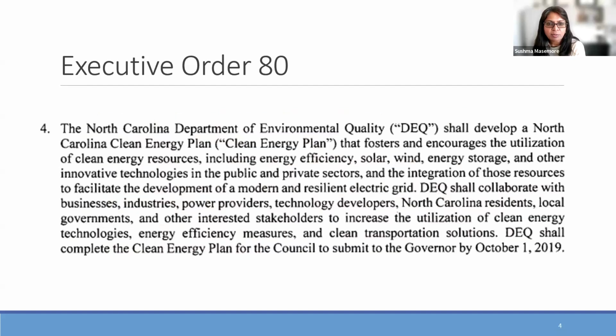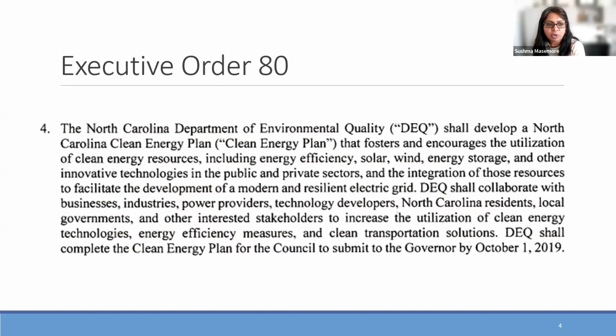Next. And our Department of Environmental Quality was tasked to produce a clean energy plan. The requirements were to have a forward-looking plan that addressed both the clean energy resources, energy efficiency, and the use of renewables and innovation in technologies in the public-private sectors.